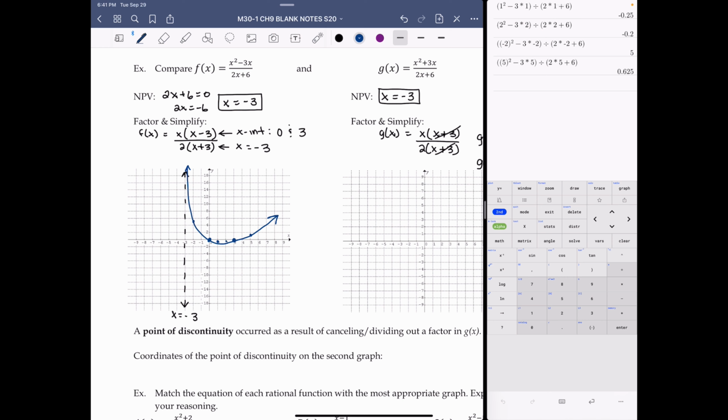So let's plug in some values there. Let's see when x equals negative 4. Negative 4 squared minus 3 times negative 4 divided by 2 times negative 4 plus 6 is negative 14. So negative 4 and negative 14. We will try negative 5.